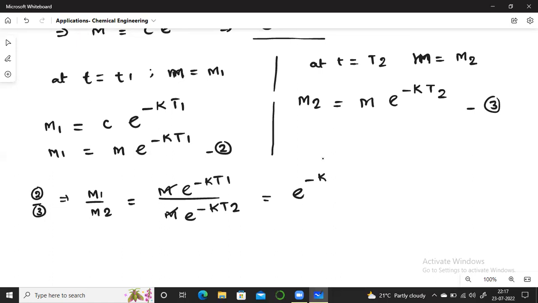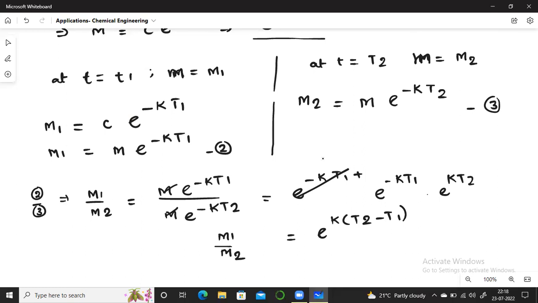E to the power minus k t1 over e to the power minus k t2 becomes e to the power k into t2 minus t1. So finally what you will get is e to the power k into t2 minus t1, equal to m1 over m2.